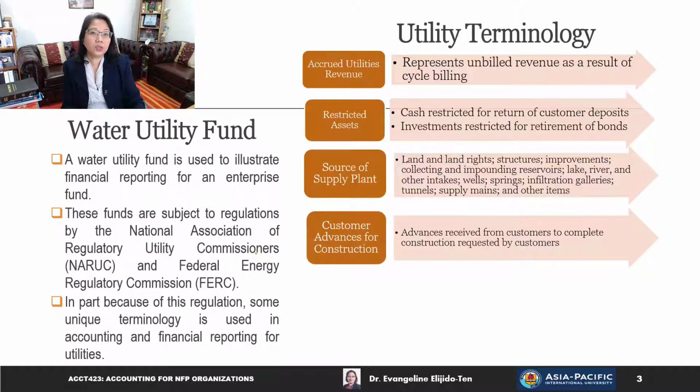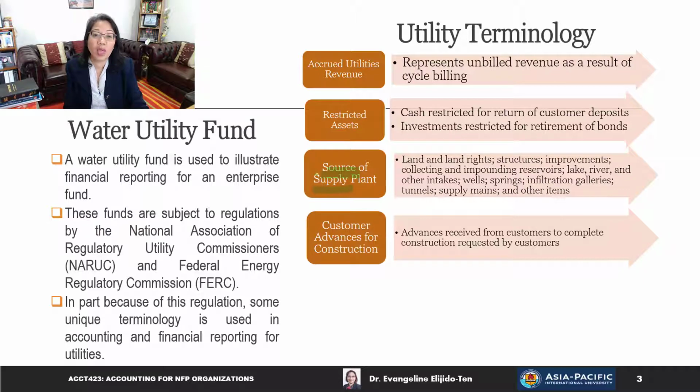The next two terminologies we'll look at are source of supply plant and customer advances for construction. Source of supply may be land and land rights or structures, improvements, collecting and impounding reservoirs, lakes, rivers, and other intakes.